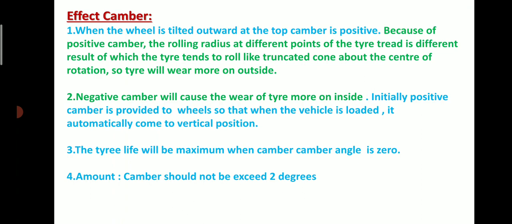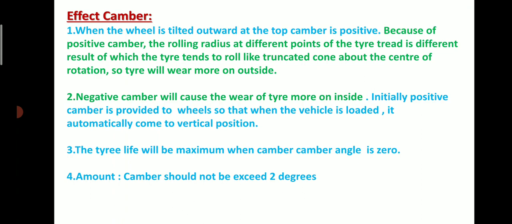What is the effect of camber? When the wheel is tilted outward at the top, camber is positive. Because of positive camber, the rolling radius at different points of the tire tread is different, as a result of which the tire tends to roll like a truncated cone about the center of rotation. So the tire will wear more on the outside.